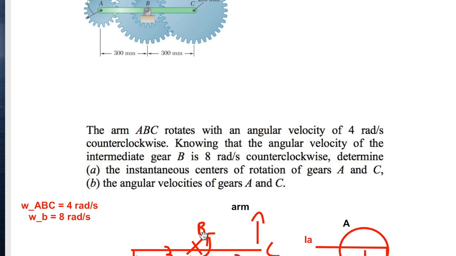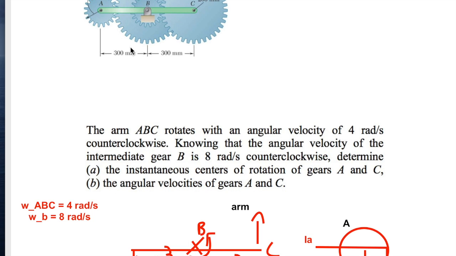So the easiest thing we can do is start with the arms. We know it's 0.3 meters on both sides. We know that the angular rotation of the arm is 4 radians per second.